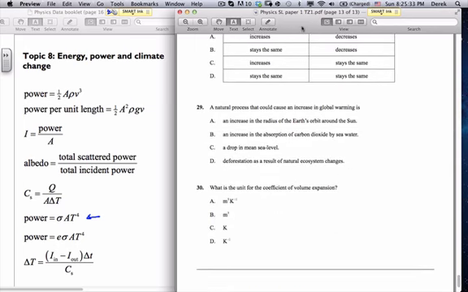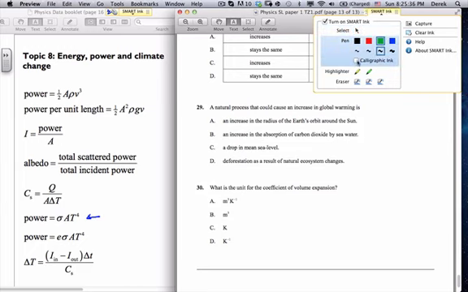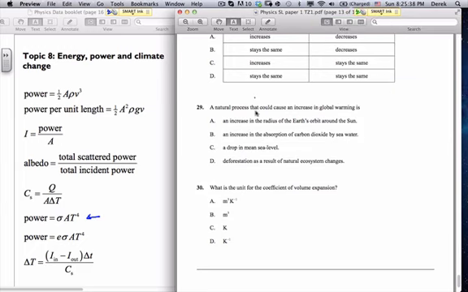And then 29, a natural process that could cause an increase in global warming is, let's have a look, an increase in the radius of the Earth's orbit around the Sun. That would lead to a decrease because there would be less energy coming in from the Sun. An increase in the absorption of carbon dioxide by seawater would also decrease global warming, as it would decrease the amount of greenhouse gases.